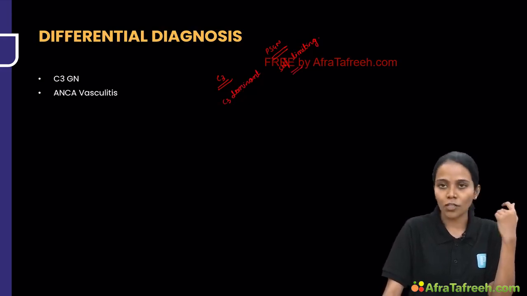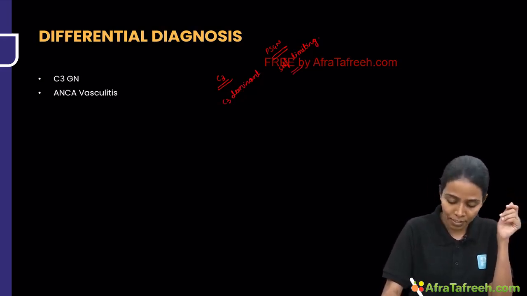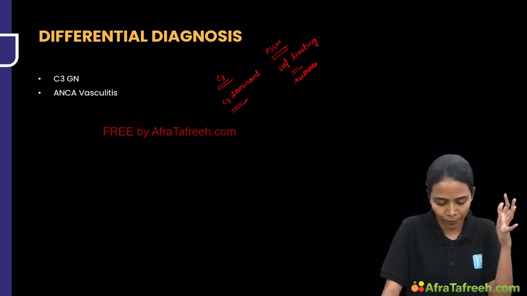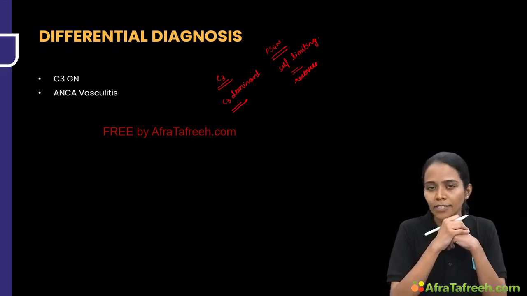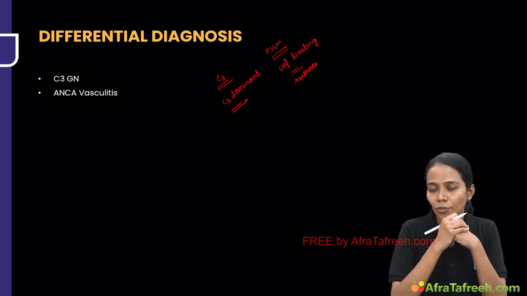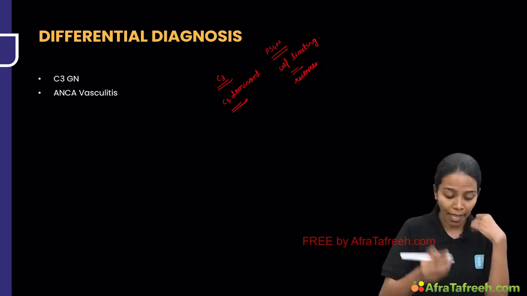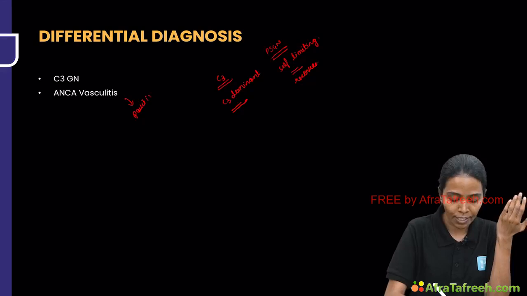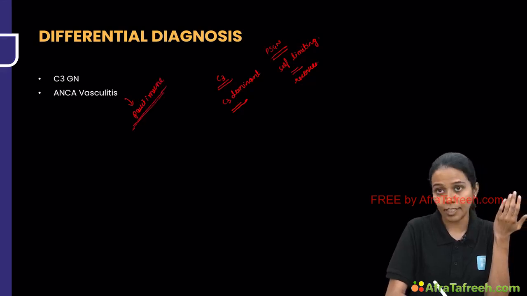So that's how you differentiate, and PSGN generally recovers. These do not recover and will have C3 deposition in the kidney for a long time. Other one is ANCA vasculitis, which can be a close differential because these patients can have crescents and also they are going to have ANCA antibodies positive presenting as glomerulonephritis. But ANCA vasculitis is mostly pauci-immune, that is, you're not going to find immune deposits in the kidney.